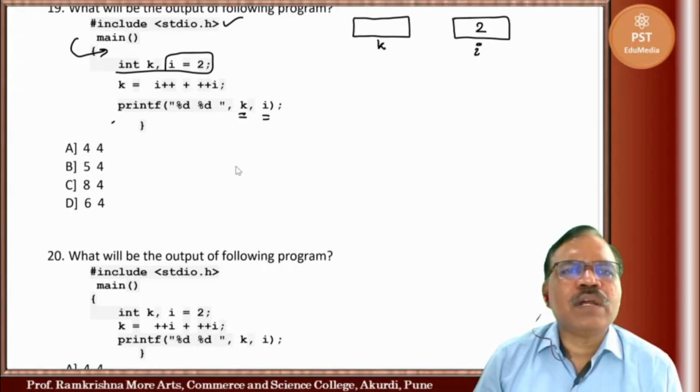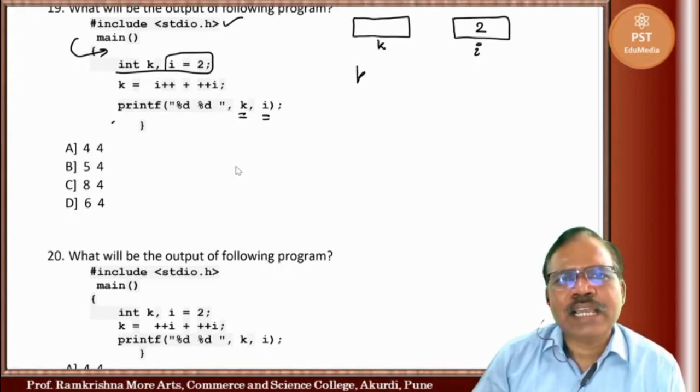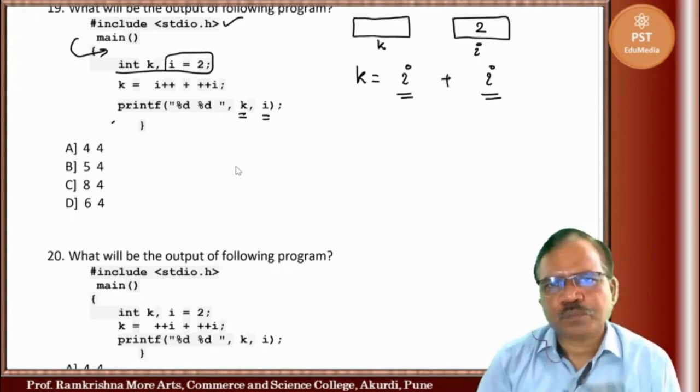Now k = i plus i. It means the actual expression is k = i + i. But i has attributes.